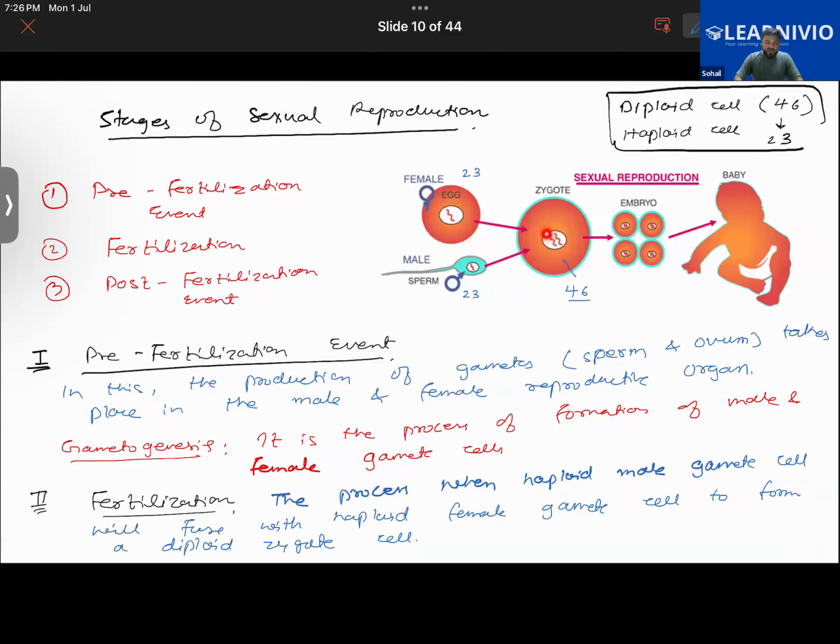This zygote gets embedded into the womb of the mother, and it will start to multiply. Also, this zygote is a single cell structure. It is just made up of one cell. You can write it somewhere: single cell.